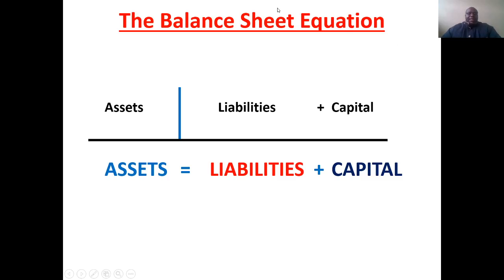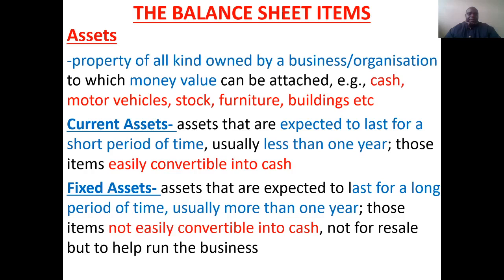The balance sheet takes the format of the balance sheet equation, which looks like this: assets on one side, liabilities and capital on the other side. That is, the total amount or value of assets should be equal to the value of liabilities and capital in a business. They should balance. We'll see that as we move on.